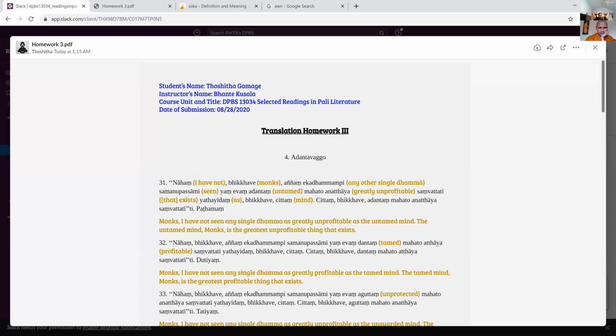So what is the singular word? Karala? We call it, I guess, Karala. What's the meaning of awn in Sinhala? So let's find out.